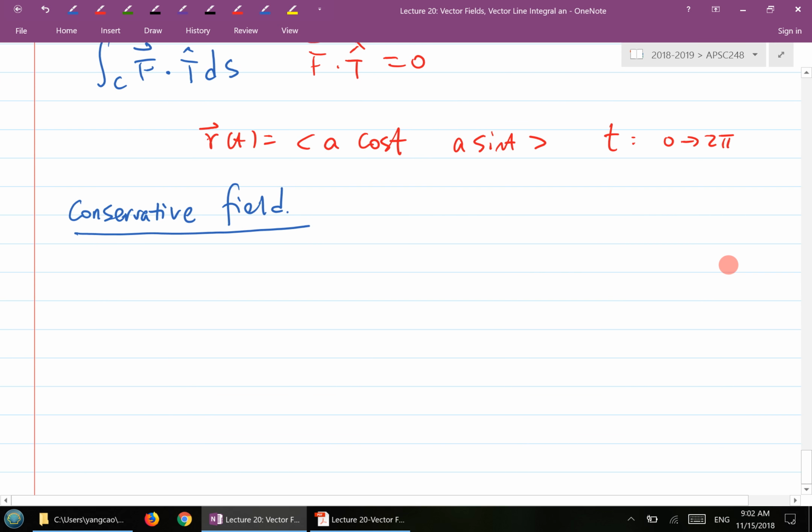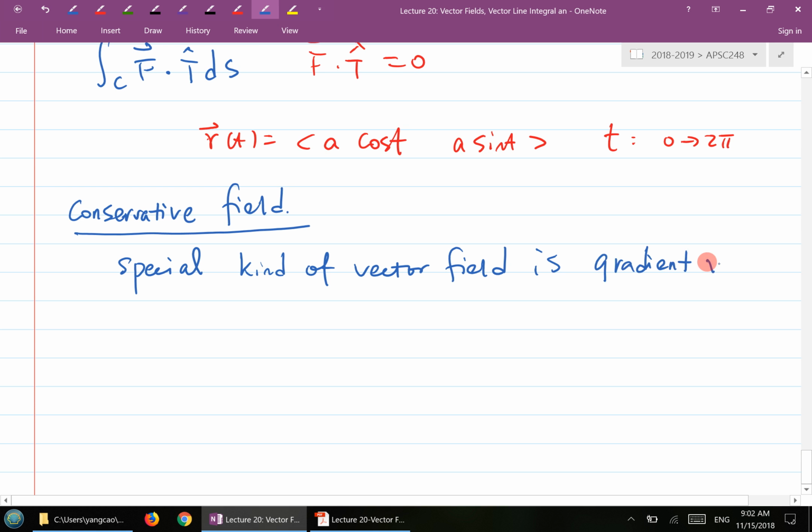Now there is a very special kind of vector field. And this special kind of vector field is the so-called gradient vector field. What is a gradient vector field?